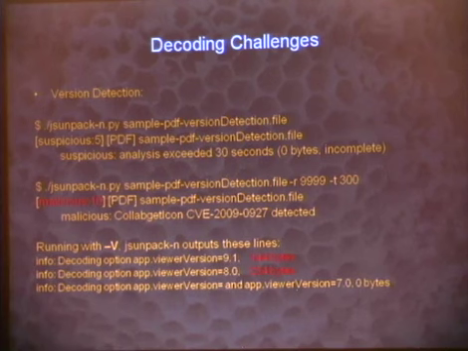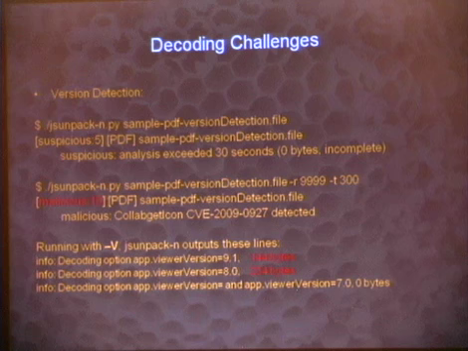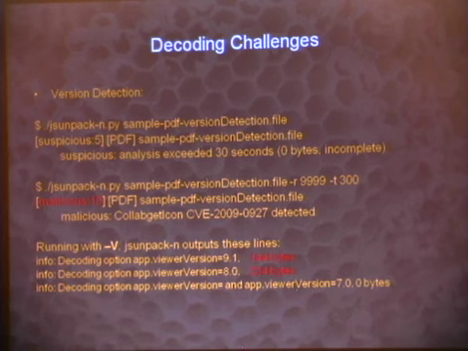So this is a case of version detection. Basically, we see that if you set the PDF version to be version 7 or empty, we don't get any decoding. So it's not targeting those versions. If you target version 8, you get 234 bytes, and version 9, you get 144 bytes.